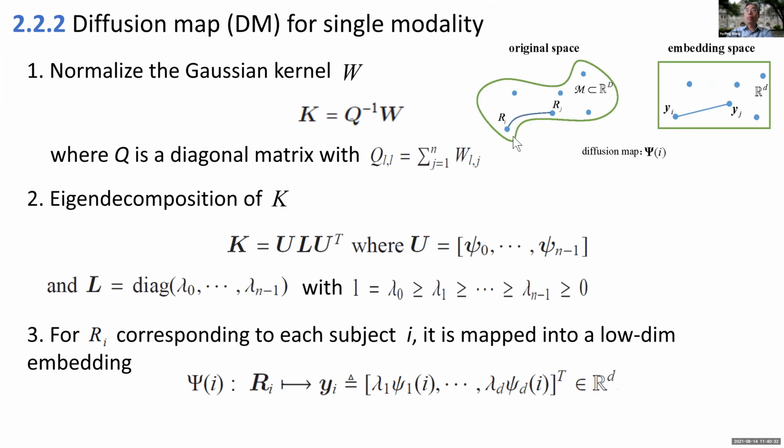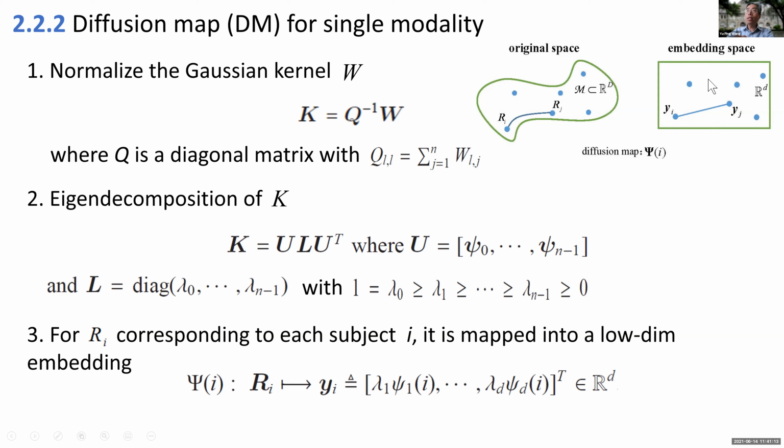For the diffusion map, the idea is to map the data points R from the original space into a low-dimensional space T. So using the diffusion map, we can calculate the distance between Ri and Rj when they fall into a manifold to measure their geometric distance.